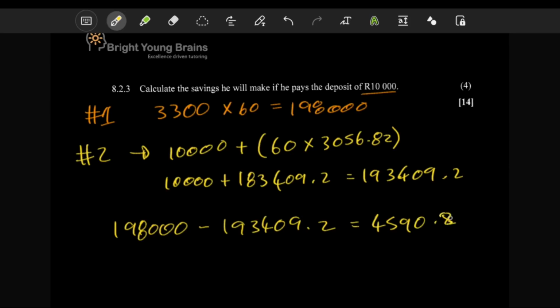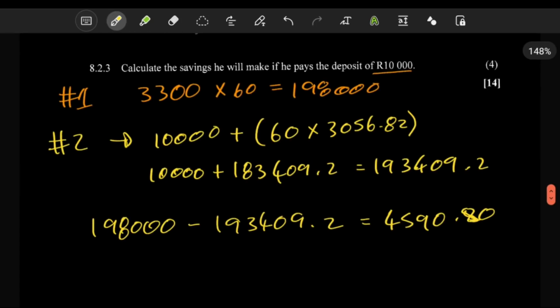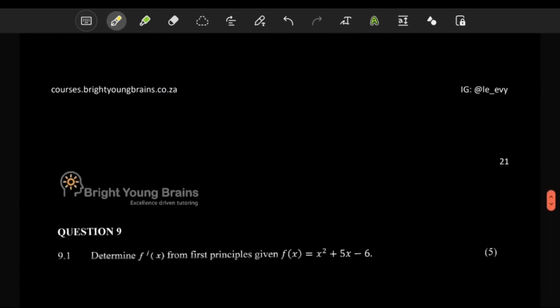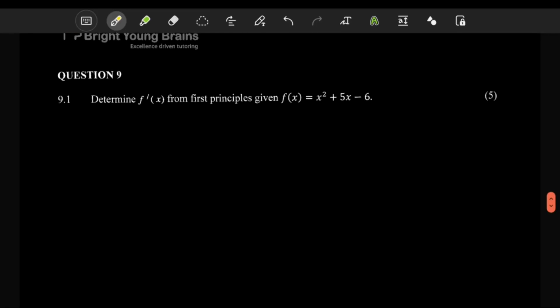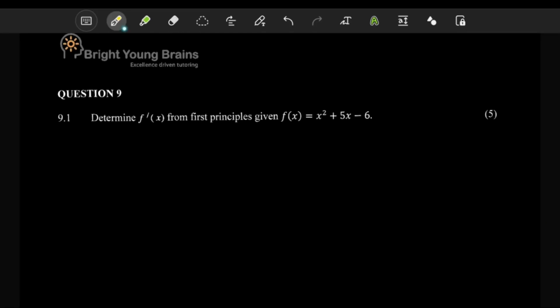If you're going to write it to 2 decimal places, you can put 4,590.80 if you want. It's really not an issue. It's so good. Moving on to question number 9. Here we are at question number 9.